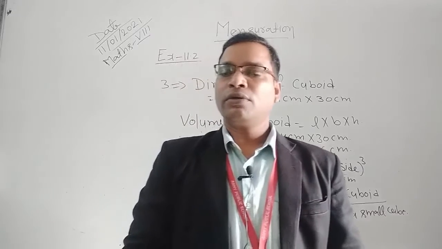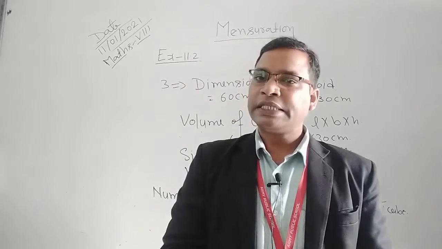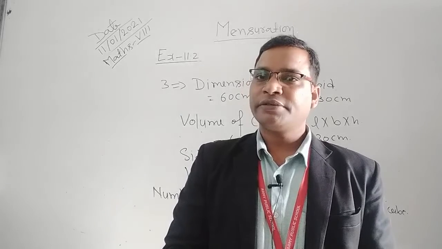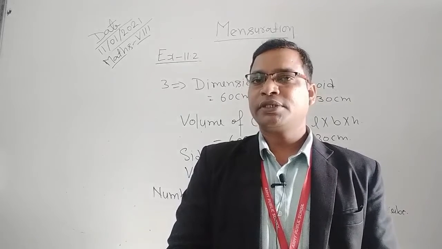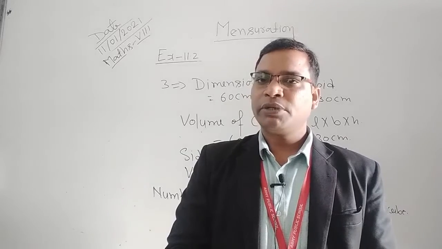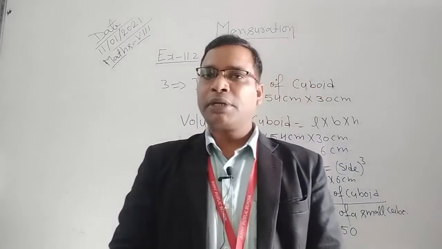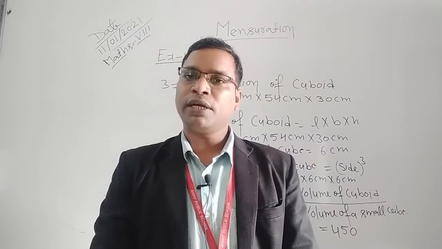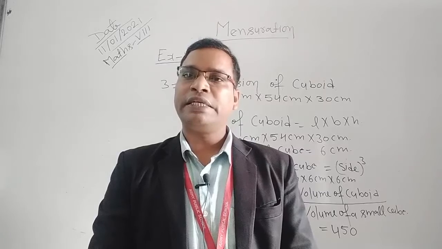Now, first we change the centimeter into meters. First you find the radius of this cylinder. Diameter is given 140 centimeters, so radius is equal to diameter by 2. This becomes 140 by 2, or you can say 70 centimeters.